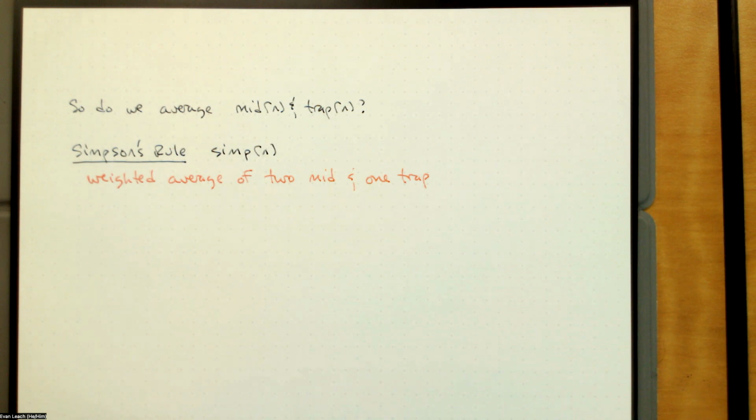Simpson noticed when he was doing a bunch of calculations that the midpoint rule was usually about twice as good at estimating as the trapezoidal rule. And so he said, why don't we make a weighted average where the midpoint rule counts twice, since it seems to be stronger.